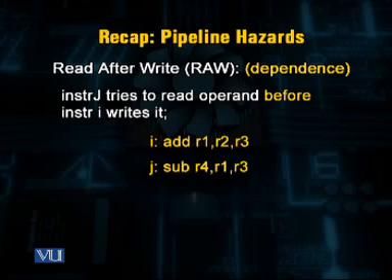Here, when the jth instruction tries to read the operand from R1, the correct value of the operand is not available in R1 because the ith instruction writes the value into register R1 during the fifth stage. This situation is known as the data dependent situation.